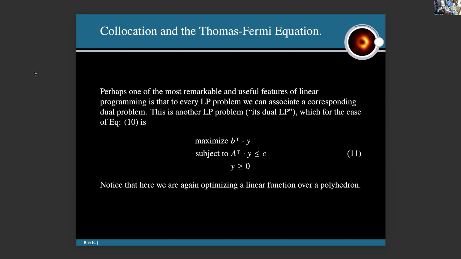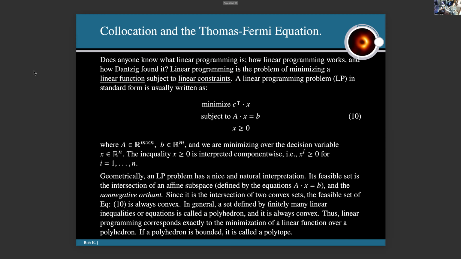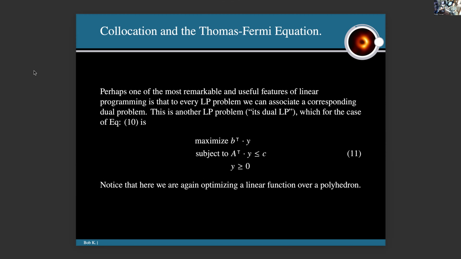You take the transpose of that matrix, and those are less than or equal to the coefficients that are used in the objective in the linear program. And the y's are also in a positive orthant. So you're again just optimizing a linear function over a polyhedron. So you climb up the polyhedron until you find the one that's largest. So you can do a maximum problem or you can do a min.